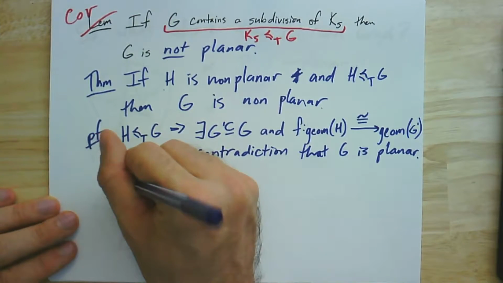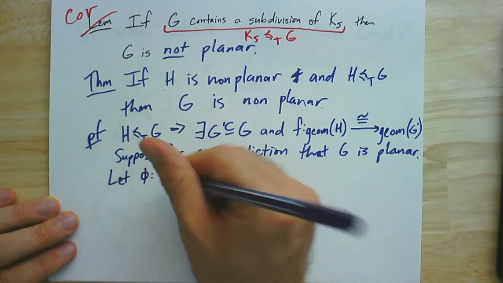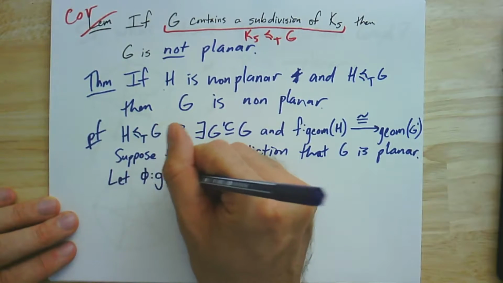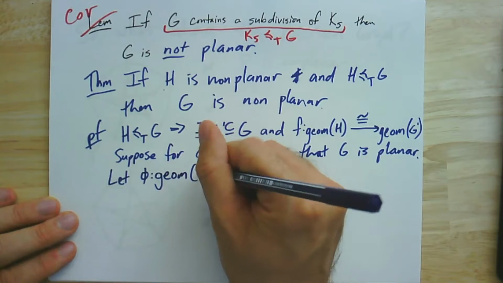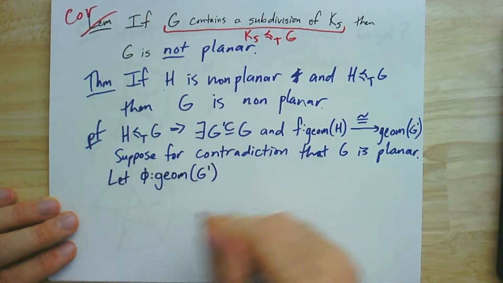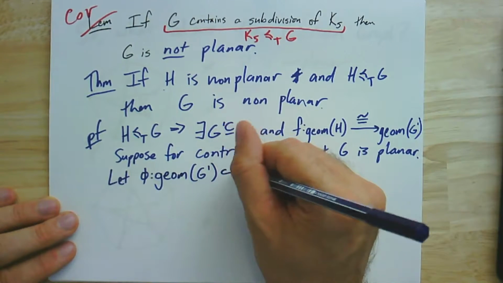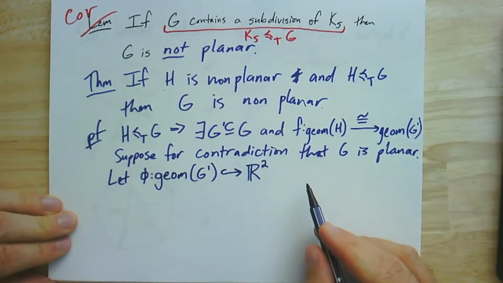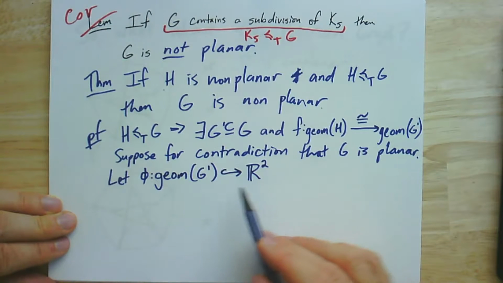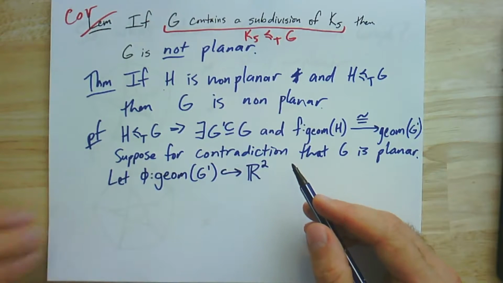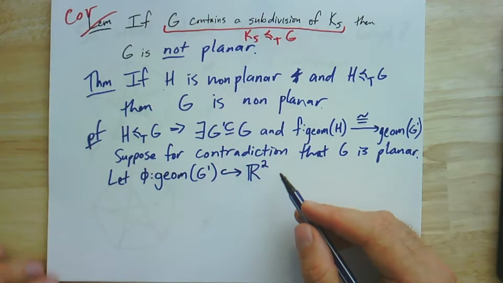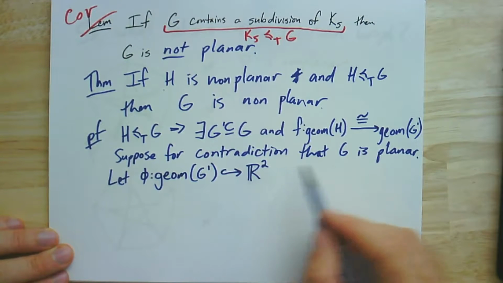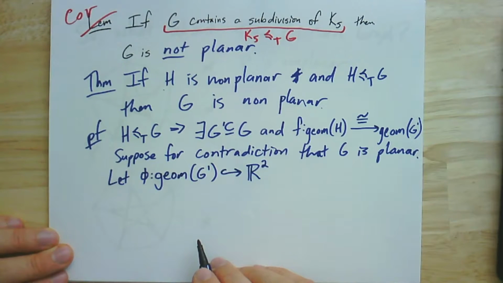So let's let phi be that embedding of G. Oh, sorry, I should be careful. An embedding of G prime. So G prime has to also be planar because it's a subgraph of G, and we just assumed that G was planar.